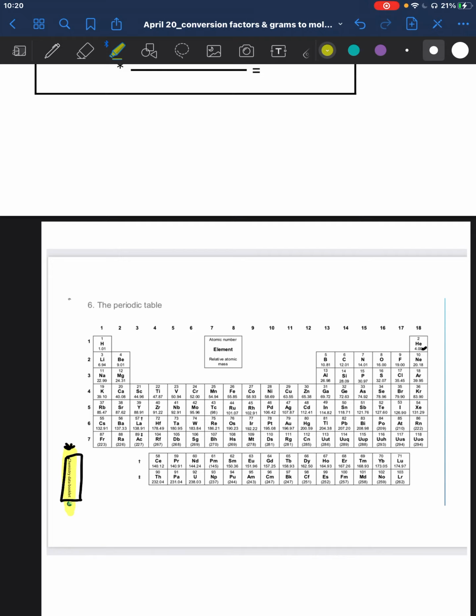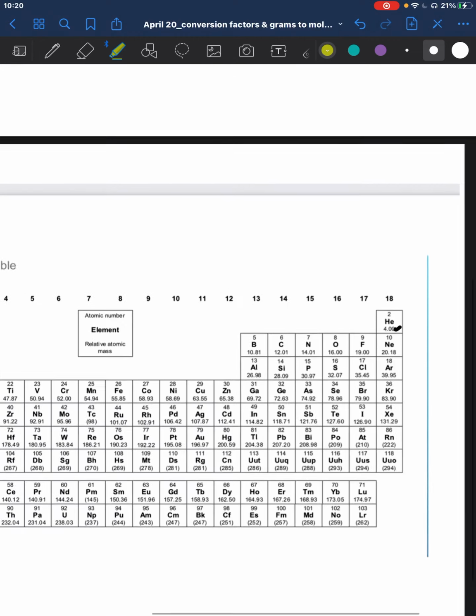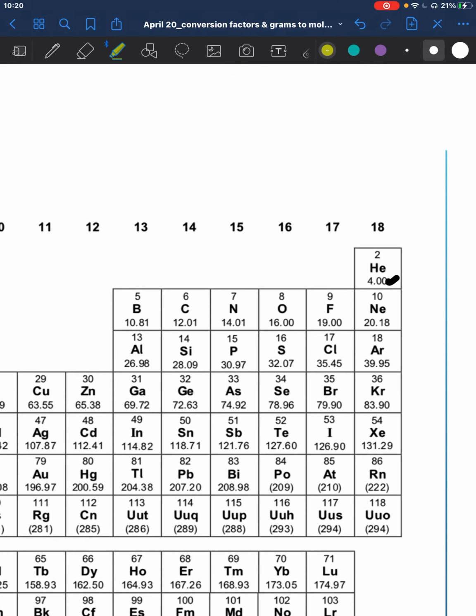Please also use the periodic table from the data booklet because otherwise you'll get used to a different periodic table, and then we'll take a test and you'll have this periodic table, which gives you probably less information than any periodic tables you've seen online, only gives you the symbol for elements. So please get used to this periodic table. Don't Google one, don't use a physical periodic table you have. This is the periodic table you should be using. In this way, all of our significant figures will match.